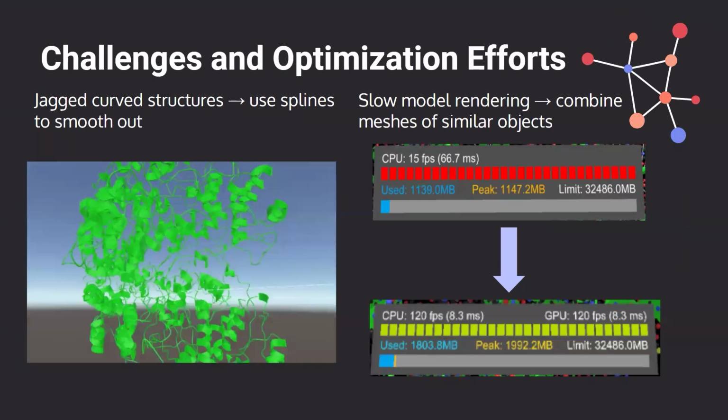Secondly, some proteins have over 100,000 atoms in them, and generating that many individual objects led to major performance issues, and some proteins took up to 10 minutes to load in. Therefore, we loaded them in chunks, which greatly improved performance.